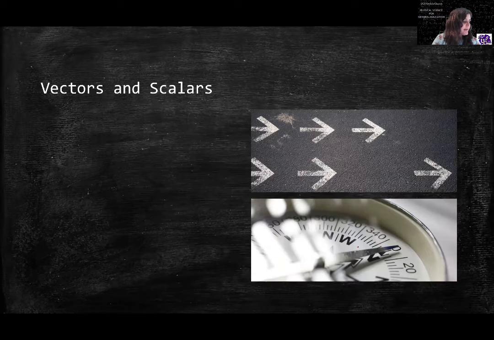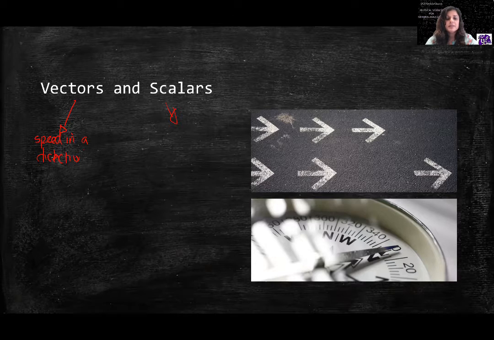All right, so like I said, we have vectors and scalars. All of the physical quantities fall into vectors and scalars. Not all, sorry, some that we will talk about. So velocity, which is the speed in a direction, is called the velocity. And that's a vector quantity.